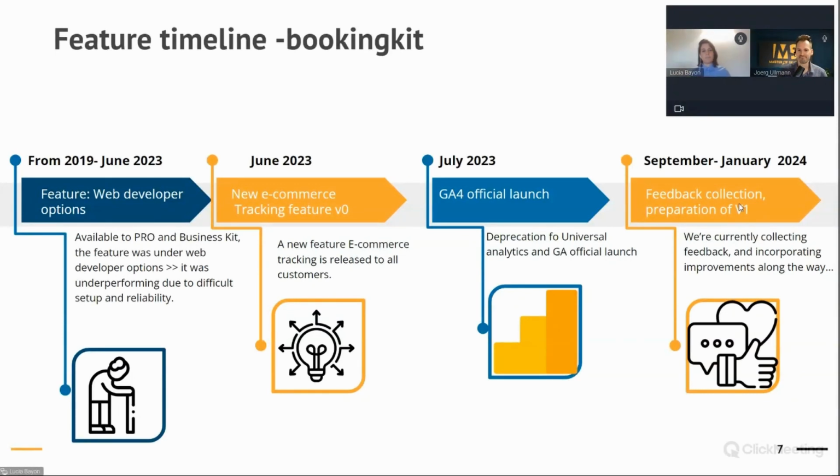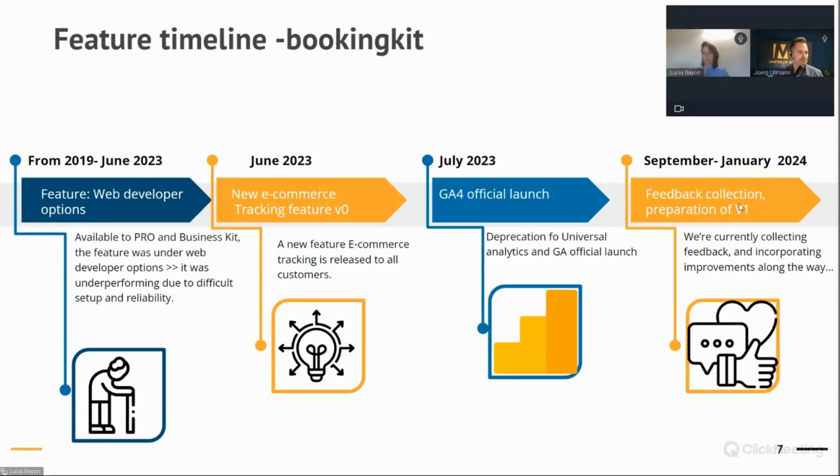Now, what's happened is there was the announcement of the GA4 official launch. Then with Stripe being released at Bookingkit and all the issues that we saw that I've mentioned before, we decided to release a new e-commerce tracking feature at the end of June 2023, just before the official launch of Google Analytics 4 in July.